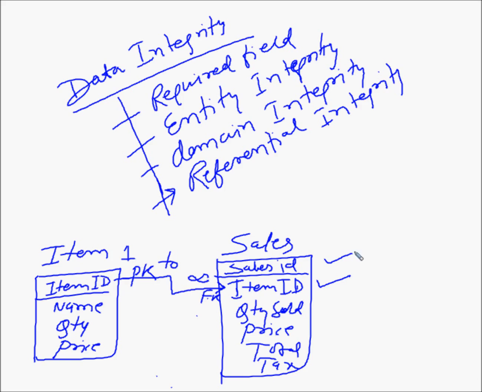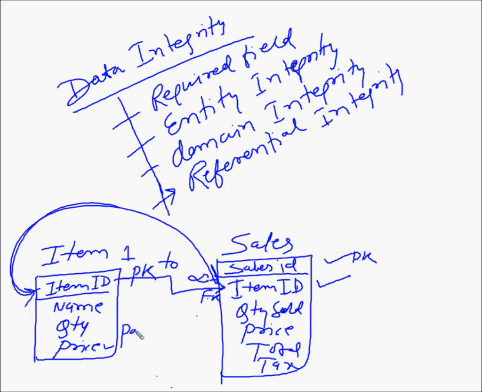One to many relationship. I have one record, I can sell it many times, right? Sales ID is here. Suppose I make it a primary key. Now, when we are creating a foreign key, we can say if any changes happen with the price, that will affect here, right? So again, we have to do some relationship, and we can say this is called referential integrity. We are relating one table to another table.